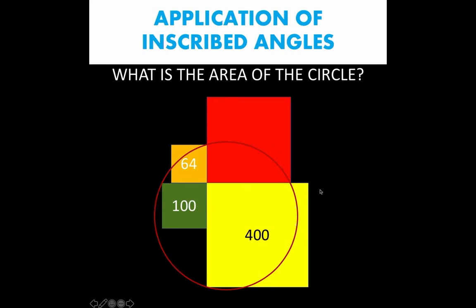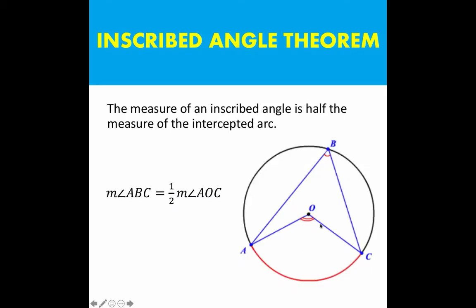In order to solve this problem, let's recall our inscribed angle theorem. When we have this circle with center at point O and draw this chord AB and chord AC in such a way that their point of intersection, point B, is on the circle, then the angle formed, angle ABC, is an example of an inscribed angle.